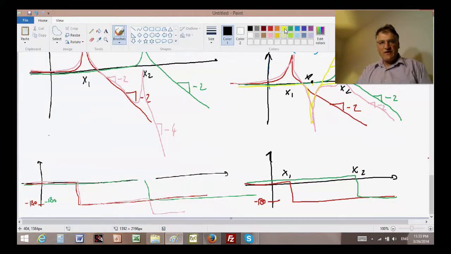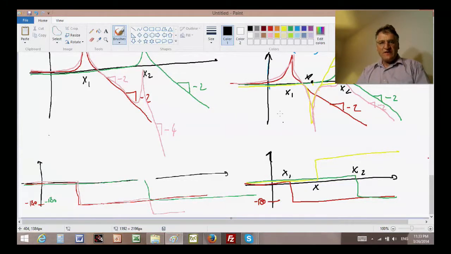Now, interestingly, we have the additional term, the yellow term, which goes as a mirror image and goes up 180 degrees at x, which is the square root of k over m2.